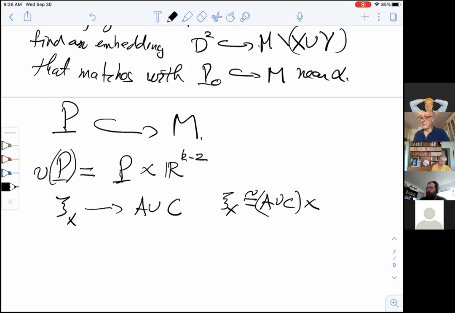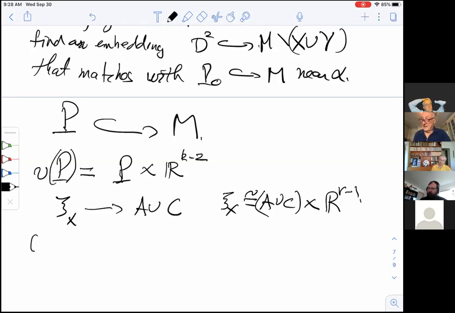It's a trivial vector bundle, and this will be a trivial vector bundle of dimension r minus 1. I have this trivialization, and there's no choice in it up to homotopy because P is contractible. Any two will be the same. The orientation is the only choice here.